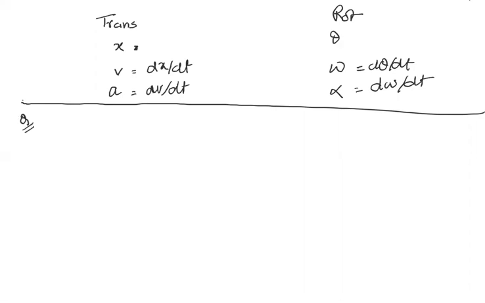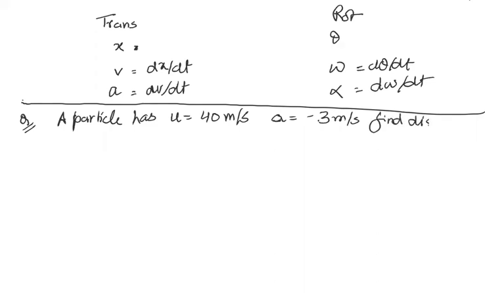For example, I may say that look, a particle has initial velocity equal to 40 meters per second, acceleration equal to minus 3 meters per second squared. Find the displacement after 20 seconds.